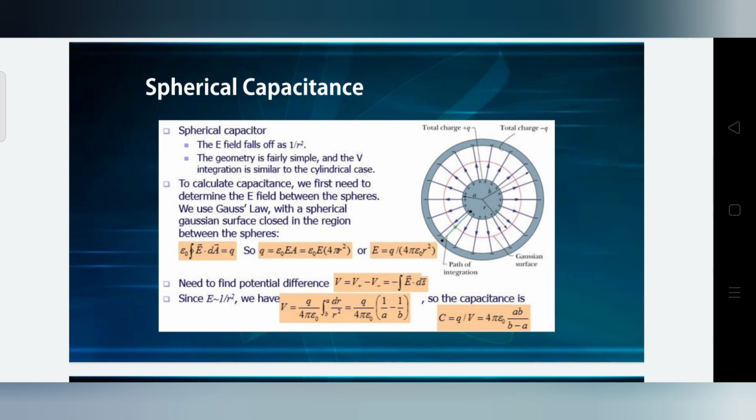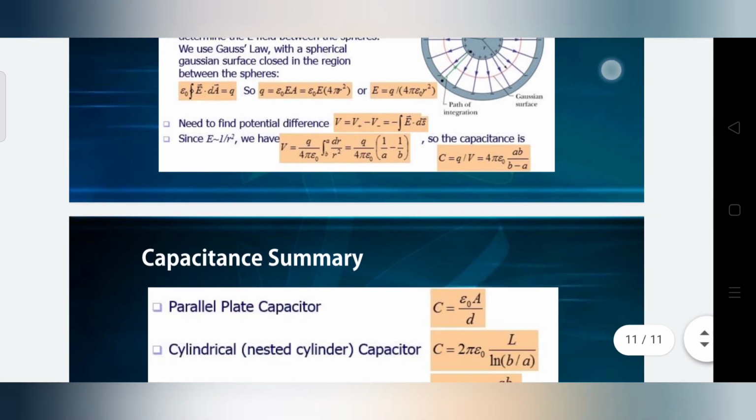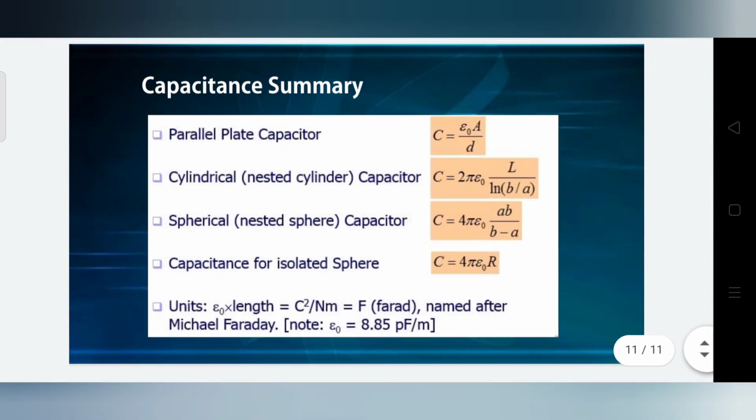The integral of R power minus 2 is R power minus 2 plus 1 divided by minus 2 plus 1, so we get minus 1 by R. Substituting the upper limit and lower limit, we get 1 by A minus 1 by B. So the capacitance C is equal to Q divided by V, which is equal to 4 pi epsilon naught AB divided by B minus A. This is the spherical capacitance.